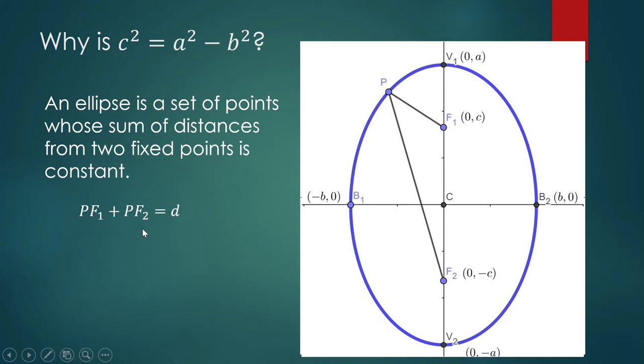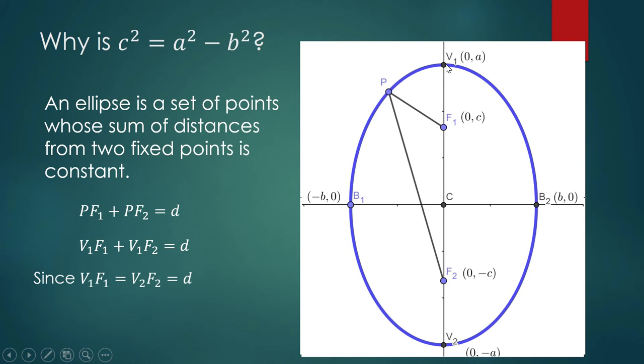PF1 plus PF2 is d. How about the vertex? Let us pick this vertex. This vertex lies on our ellipse, so the sum of its distances from the two fixed points ought to also be equal to d. So V1F1 plus V1F2 is also equal to d.